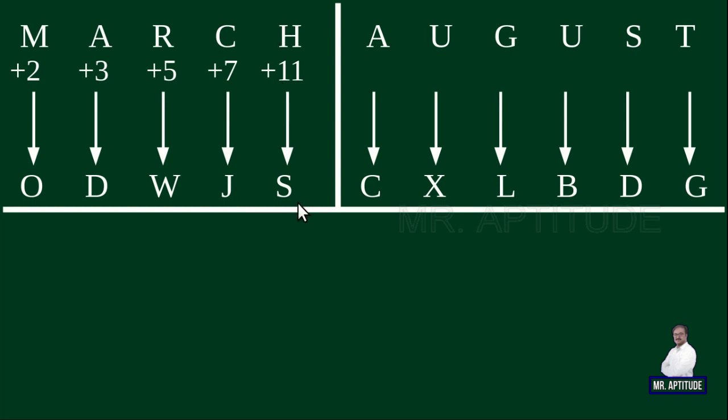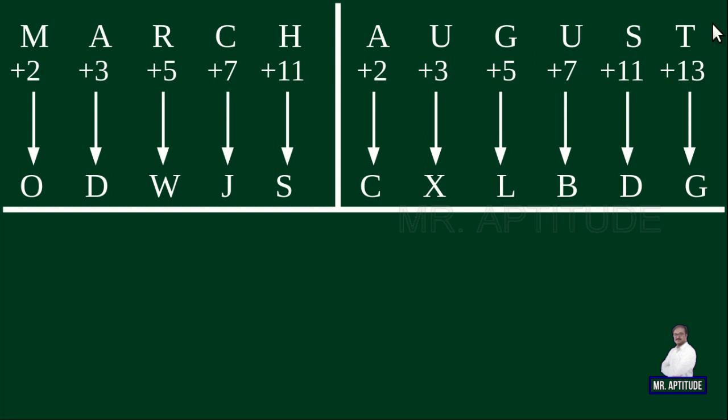In the same way, when you try to relate these things, A is 1, 1 plus 2 is 3, third letter is C. U is 21, 21 plus 3 is 24, 24th letter is X. G plus 5, G is 7, 7 plus 5 is 12, 12th letter is L. U plus 7.